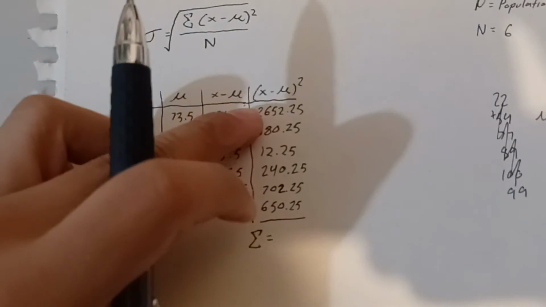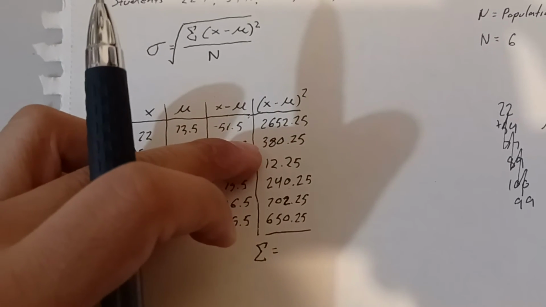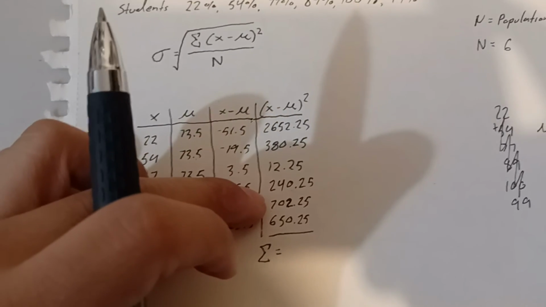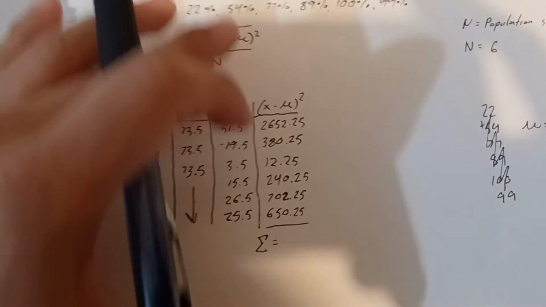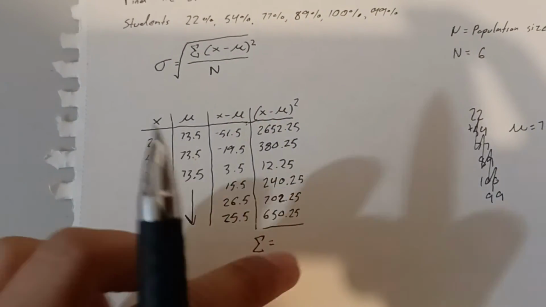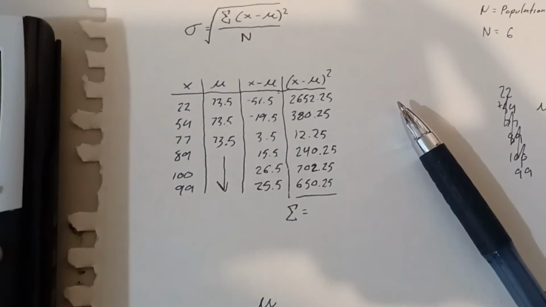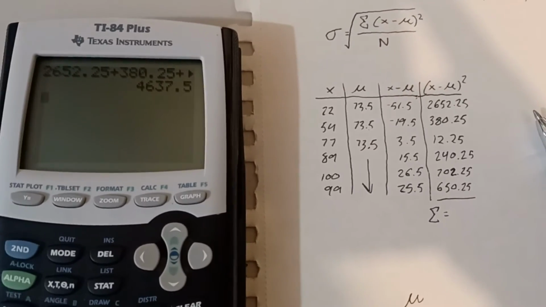So basically just add all of these together: 2,652.25 plus 380.25 plus 12.25 plus 240.25 plus 702.25 plus 650.25. I'm going to go ahead and do that right now, and I'm going to show you what I got. So you put that into your calculator and you get 4,637.5.